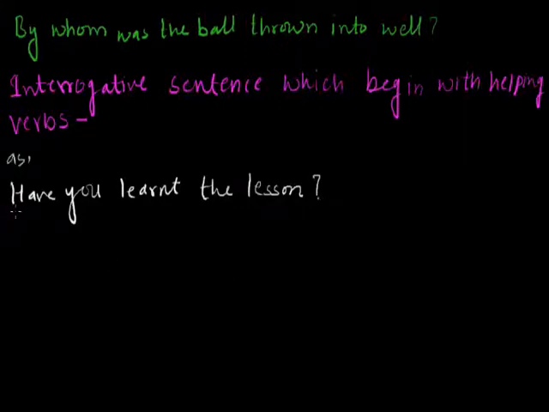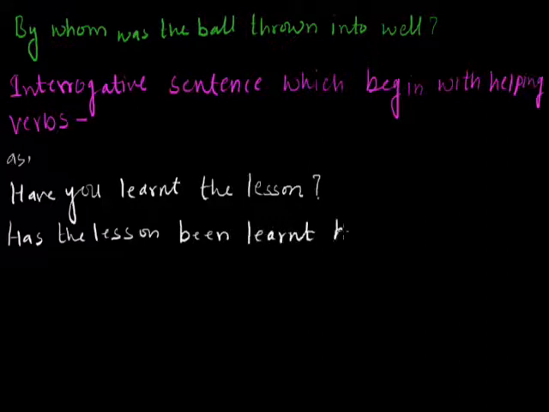So when we will make the passive voice of this sentence, we will place the helping verb in the beginning also. Okay, but first let us see what is the object in that sentence. The lesson is the object in that sentence, so we will use the verb has because the lesson is singular subject of the passive voice. So the lesson, then we will use been because has is given here. Okay, then the third form of the verb learned, then the preposition by, and then the agent or doer.